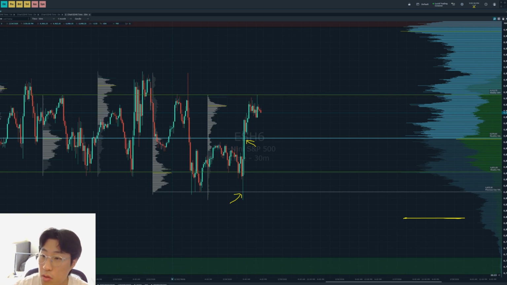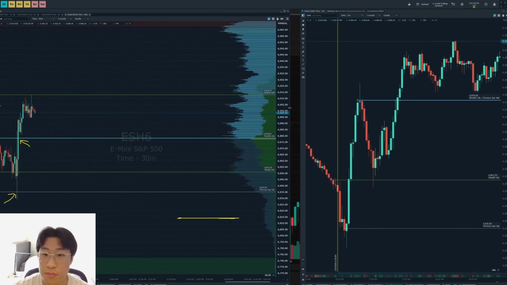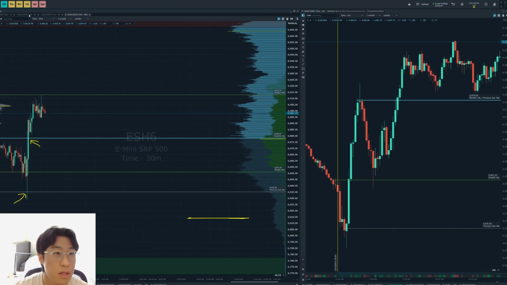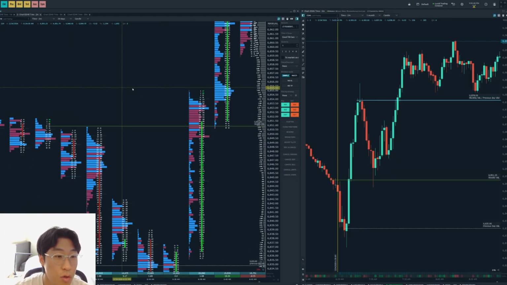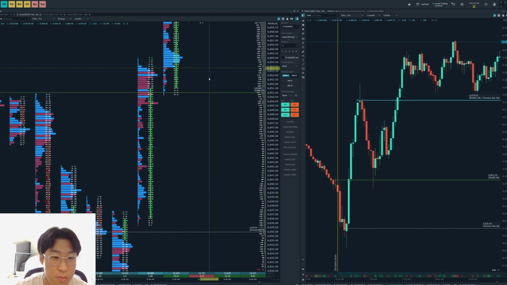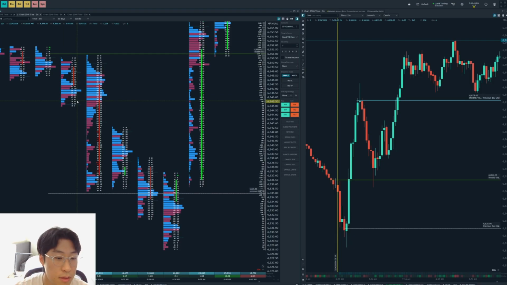So now going a little bit deeper into the charts, I'm going to be showing you guys a 2-minute chart. And just try to follow along. Past this yellow line on the right is the open.